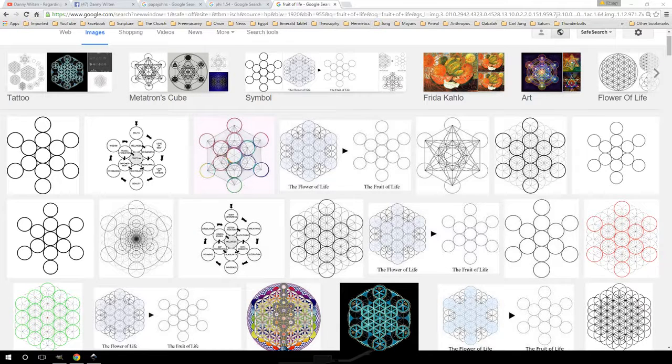So I have something really neat to show you regarding the Great Pyramid. It looks like I'm following the right path by looking at these rings and the flower of life and the fruit of life and Metatron's cube and various things like this.